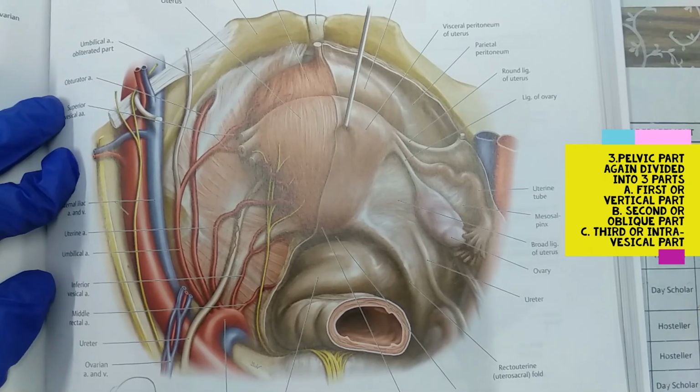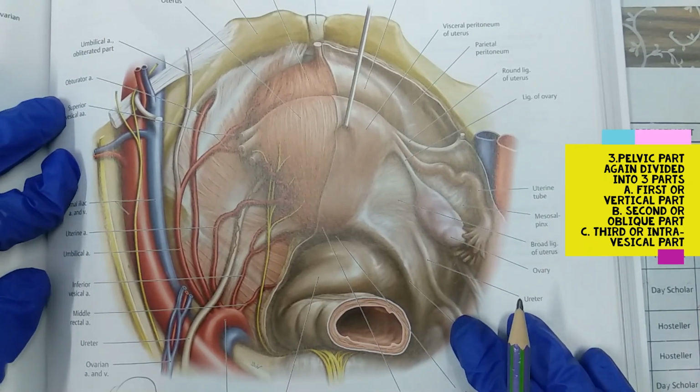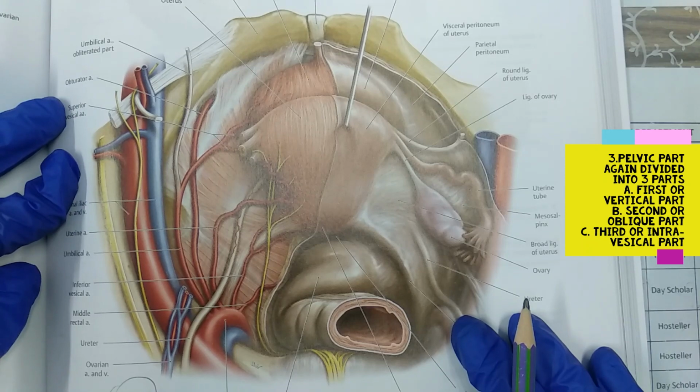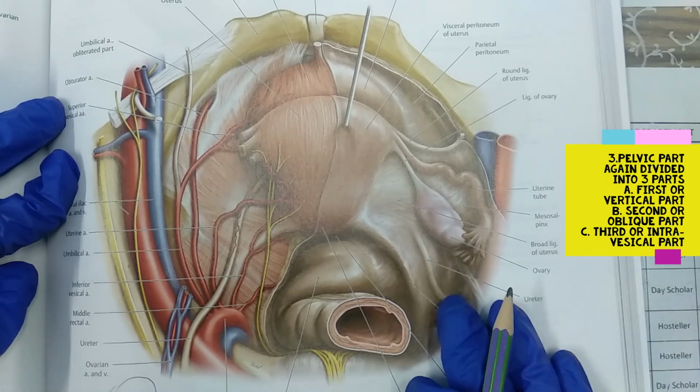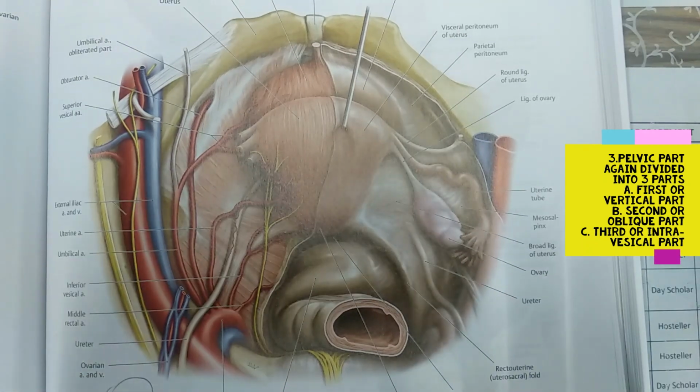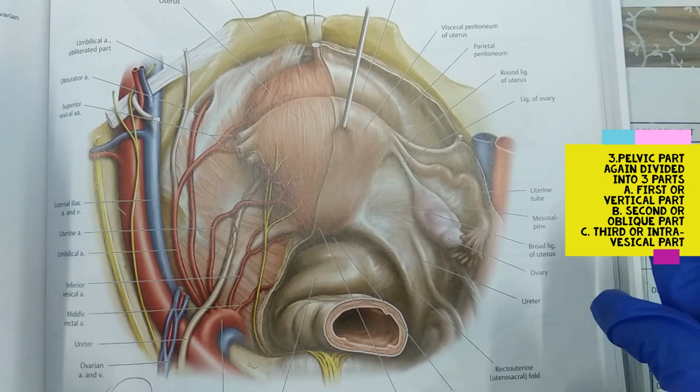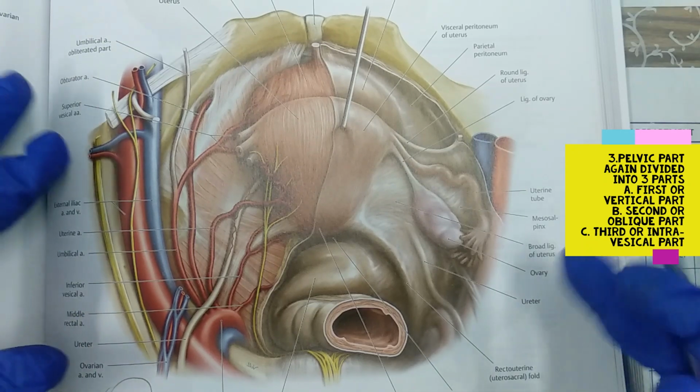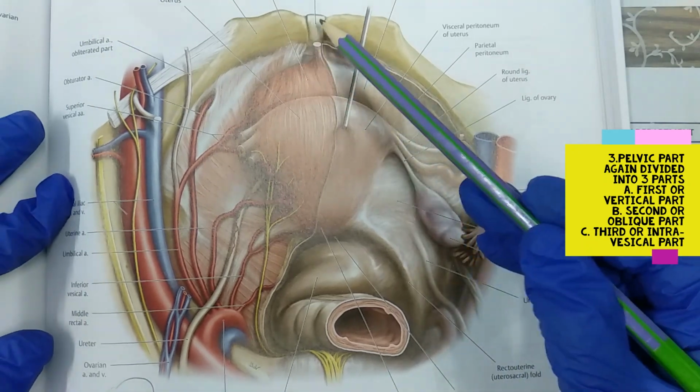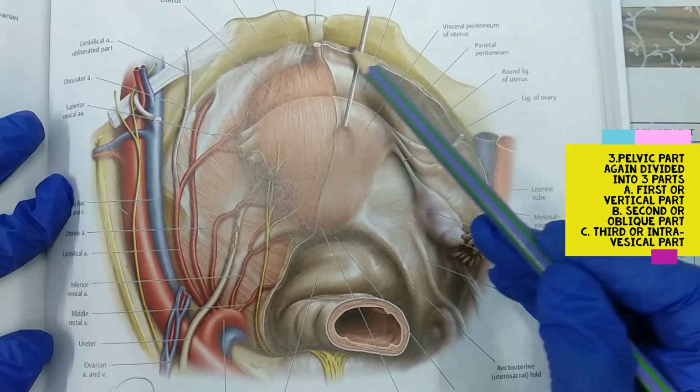The second part is the oblique part of the pelvic part of the ureter. To show this second part, I have taken this picture, which shows the superior view of the pelvis or the pelvic organs. In this you can see the pubic symphysis.